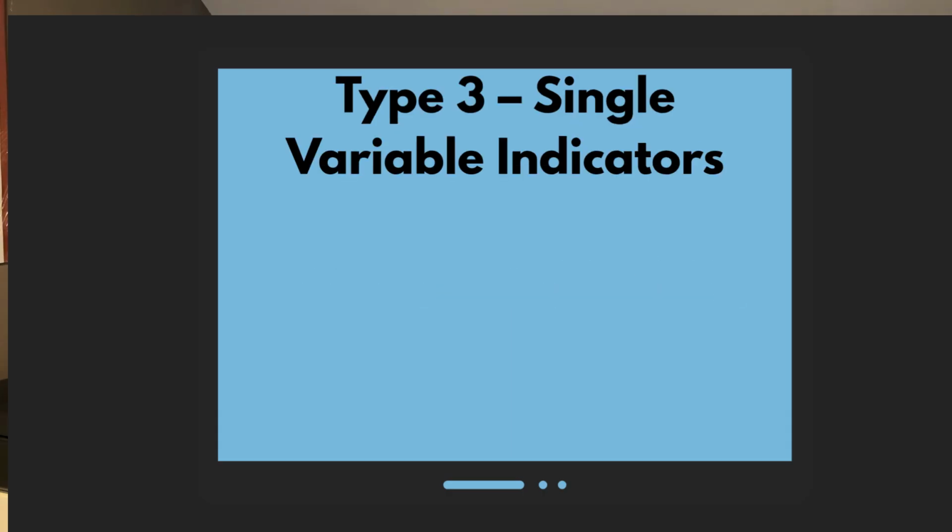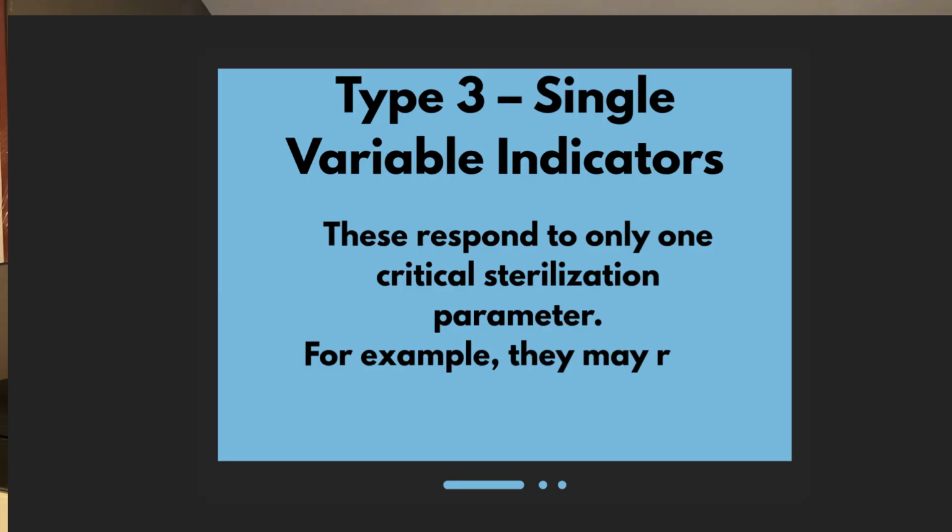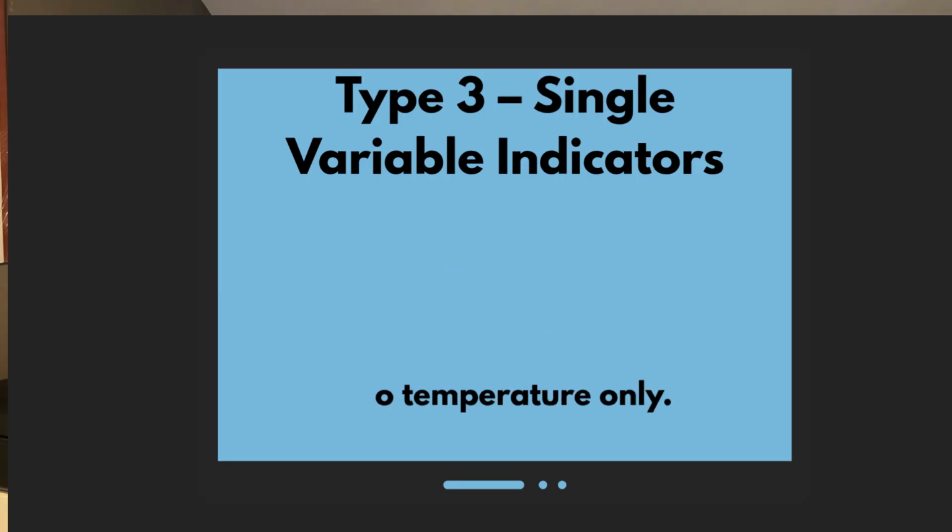Let's talk about type 3. It's a single variable indicator. It responds to only one critical sterilization parameter. For example, they may react to temperature only. Because they monitor only a single variable, they provide limited information and are not widely used in today's healthcare facilities.